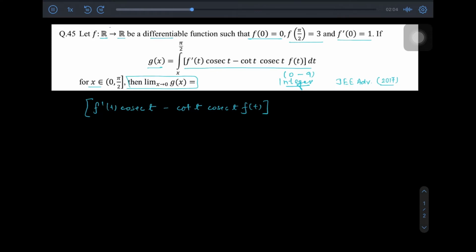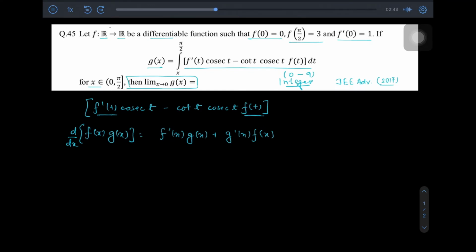The catch here is that if I have a function f of x and g of x, and I have to differentiate their product, I can write it as f dashed of x g of x plus g dashed of x f of x. Now clearly we have f dashed of t and we have f of t.